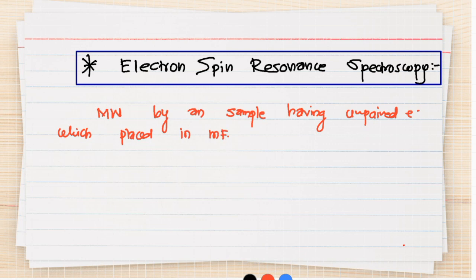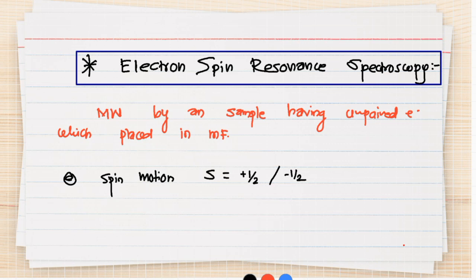According to electron spin resonance spectroscopy, paramagnetic substances have the spin motion of an electron, and that spin is either plus half or minus half.